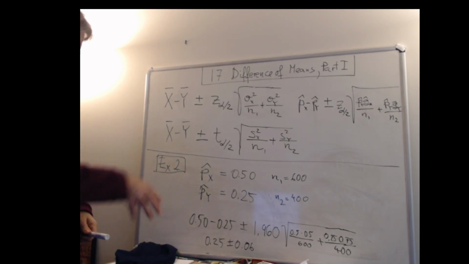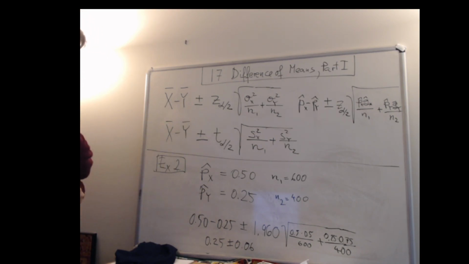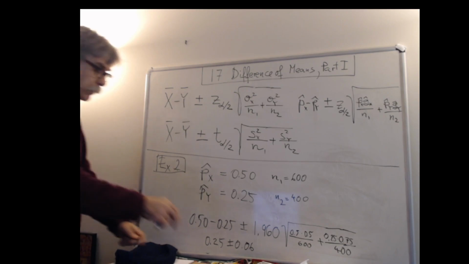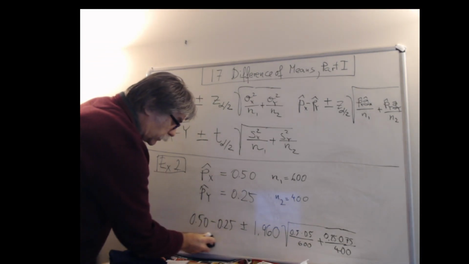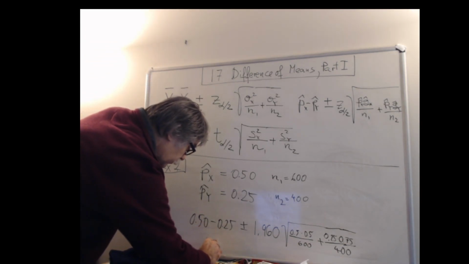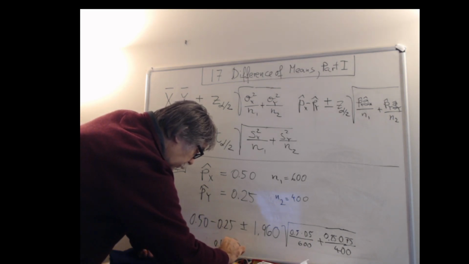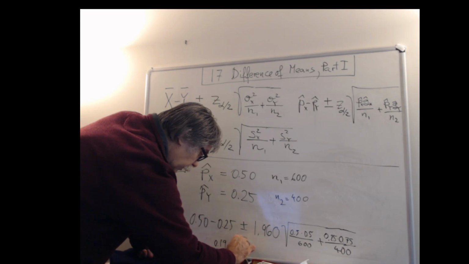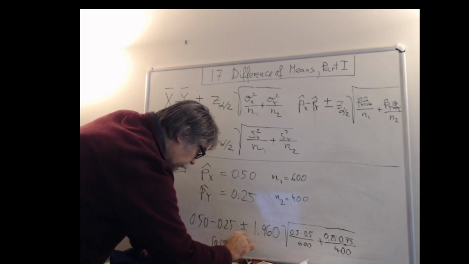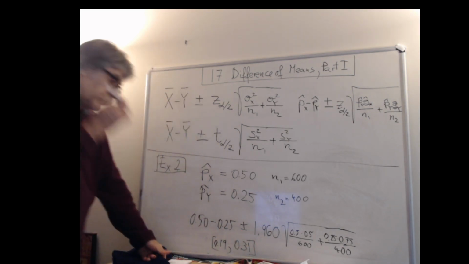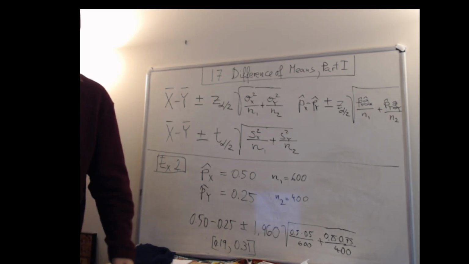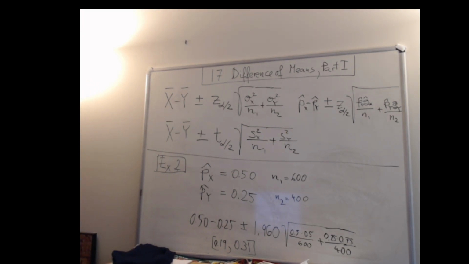So you can also say that, which is very often how it's done in the textbook, that your confidence interval is from 0.19 up to 0.31. It's a different way to write the same conclusion, but we can say with 95% confidence, at least 19% of teenagers will like this program better than the adults.